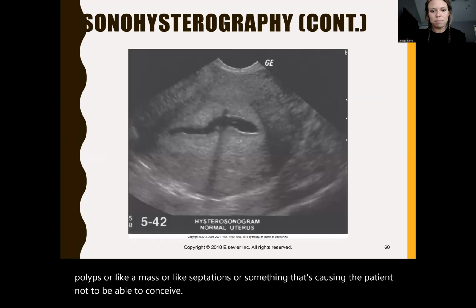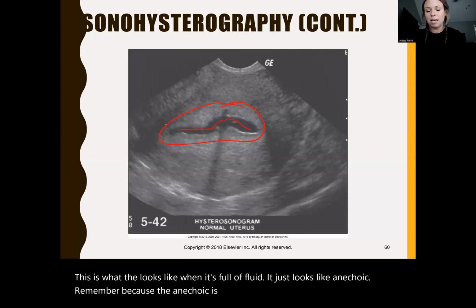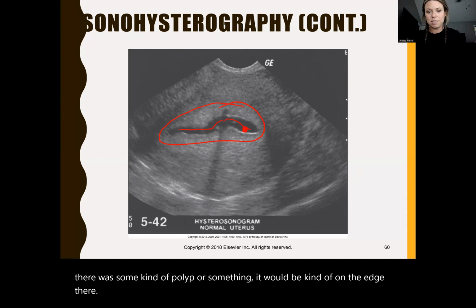This is what the endometrium looks like when it's full of fluid. It just looks anechoic, remember, because anechoic is fluid. Basically, it's simple fluid. And if there was some kind of polyp, it would be on the edge there, and it'd be easier to see.